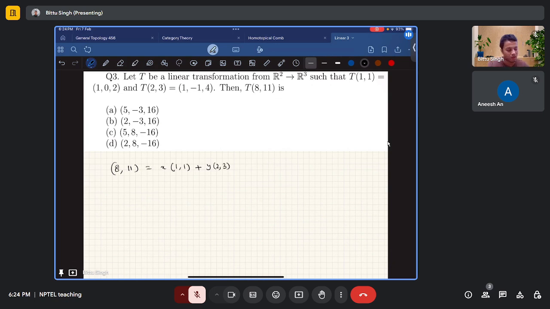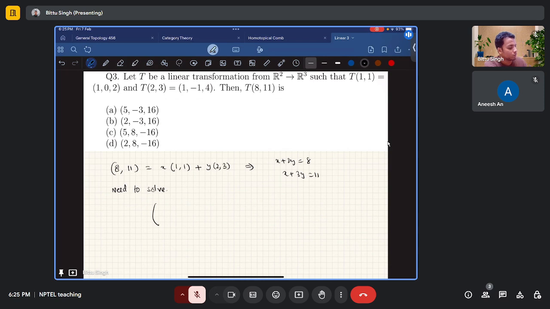If we can write this, then by linearity we will obtain the value for (8, 11): just apply T and use the property of linearity. So this is equivalent to solving this equation. We need to solve the following equation. This is the same as x plus 2y equal to 8 and x plus 3y equal to 11.